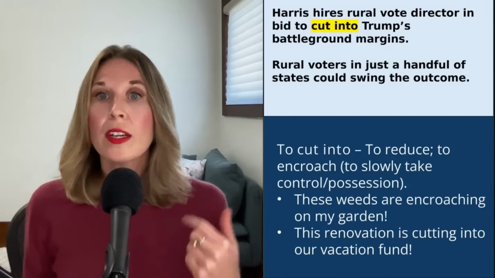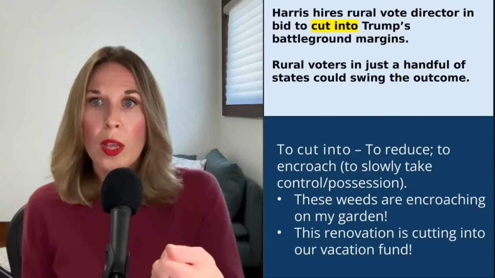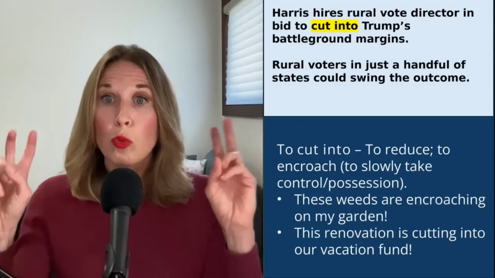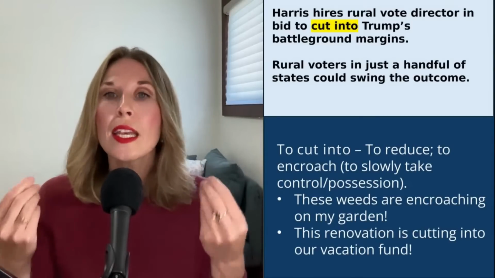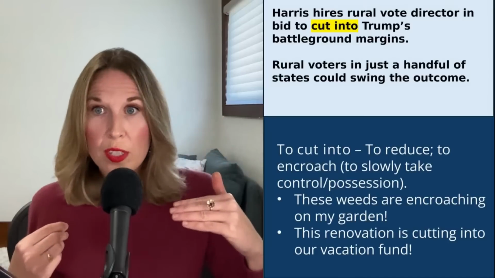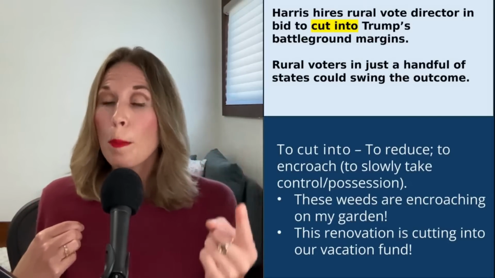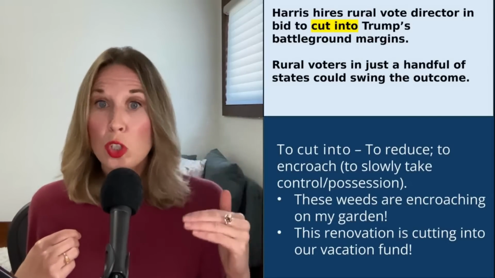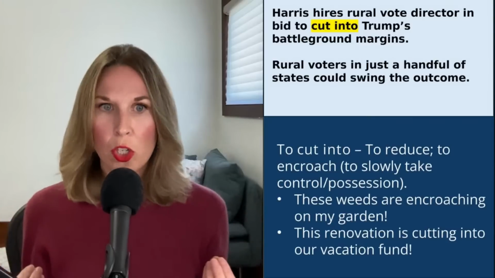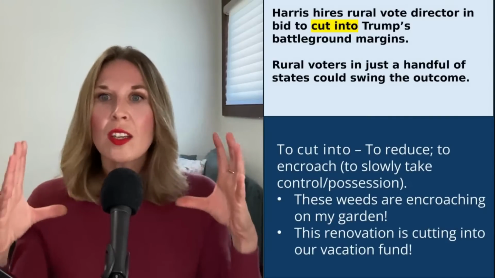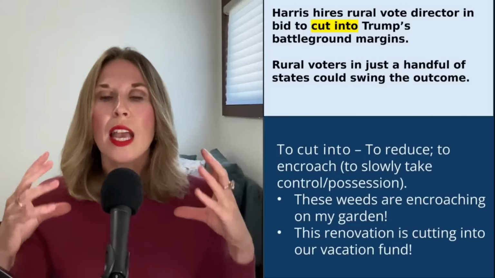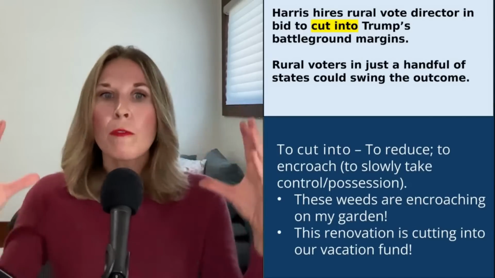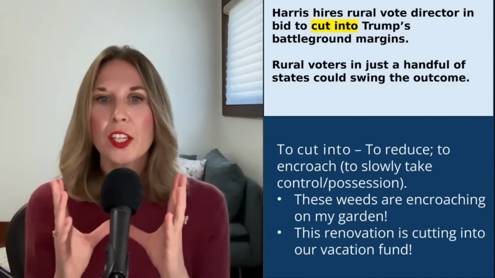So Kamala Harris gives a job to someone with the job title rural vote director in an attempt to reduce, in a bid to cut into, reduce Trump's battleground margins. A margin, which I don't have here, a margin is just how much. So there's the vote, okay? There's the population.